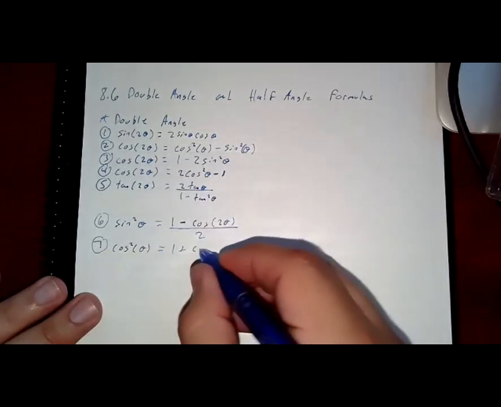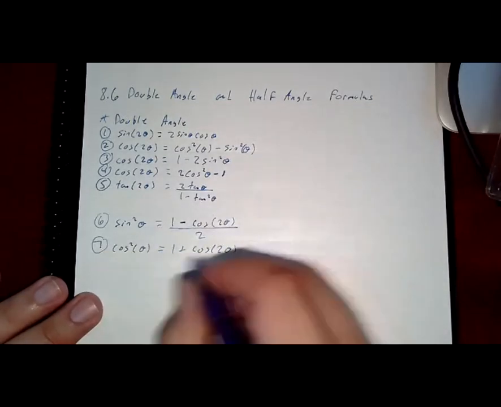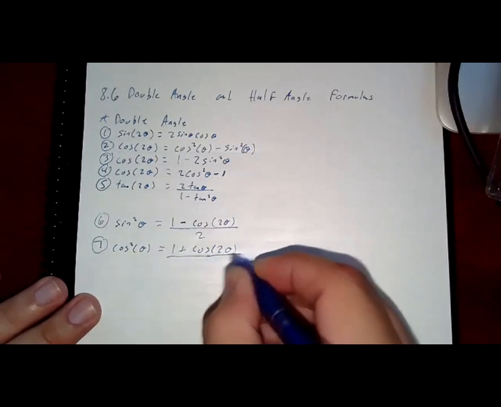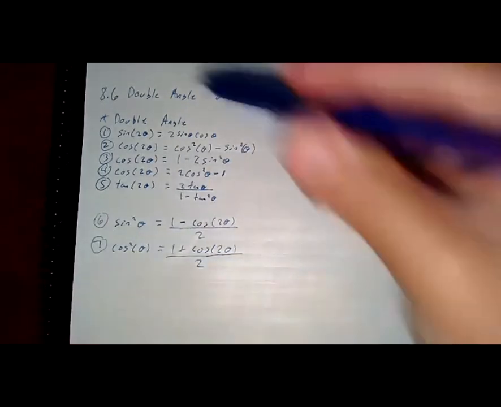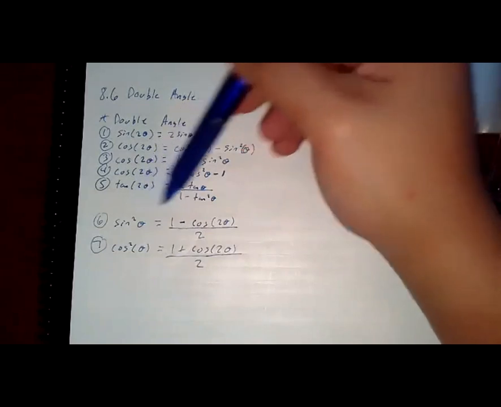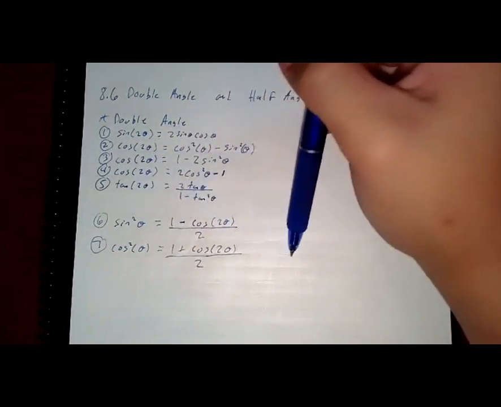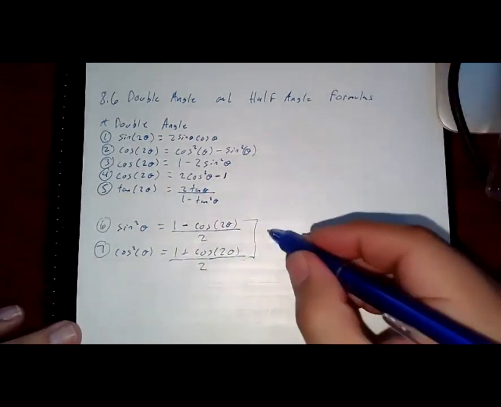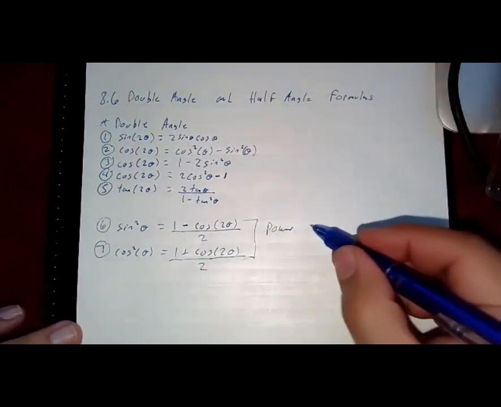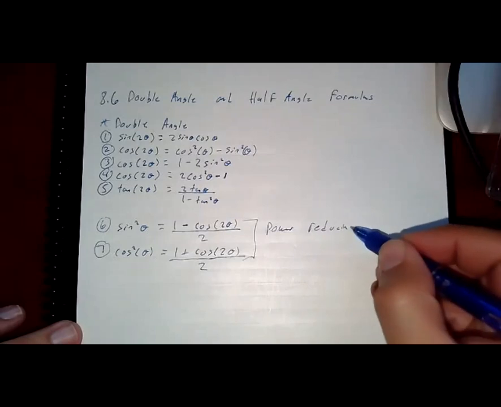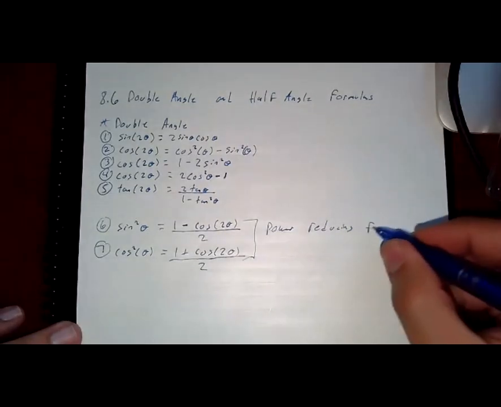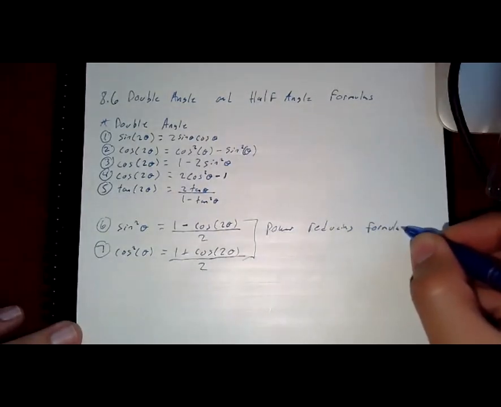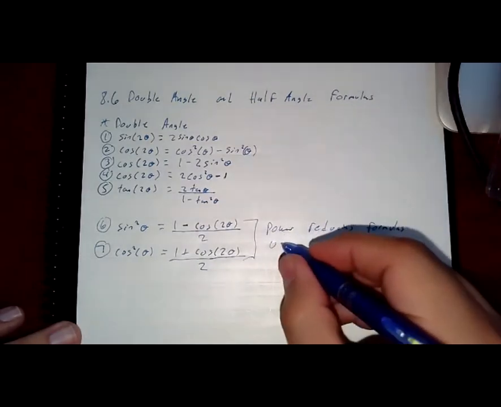Cosine is the same, just with a plus. It's kind of neat. If you have a fourth power, you can just do this over and over again until you no longer have powers. They're very useful in calculus too.